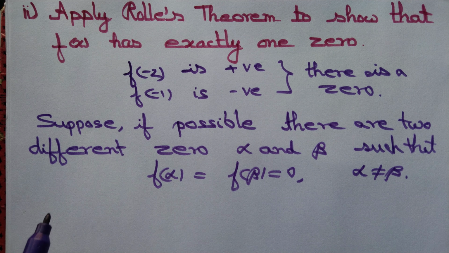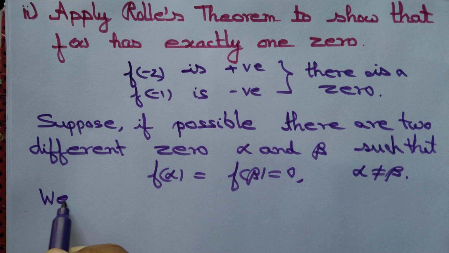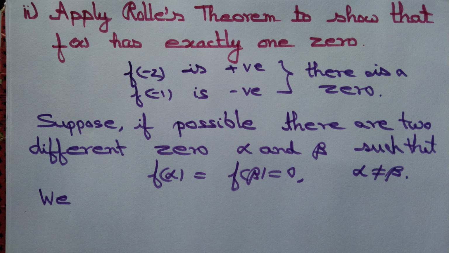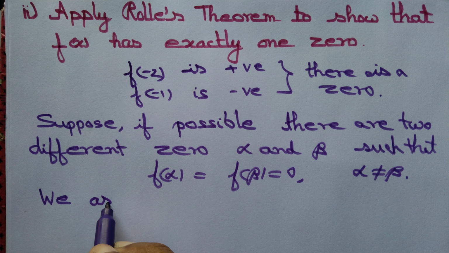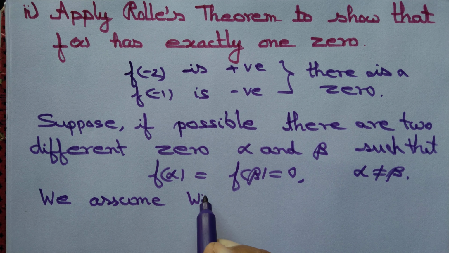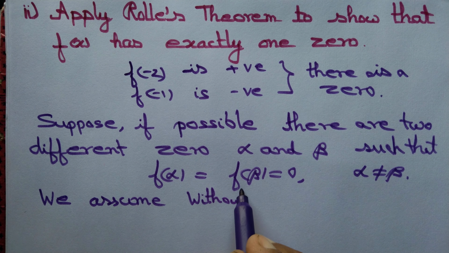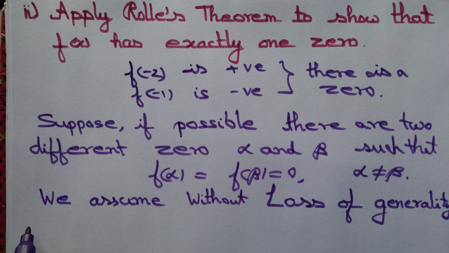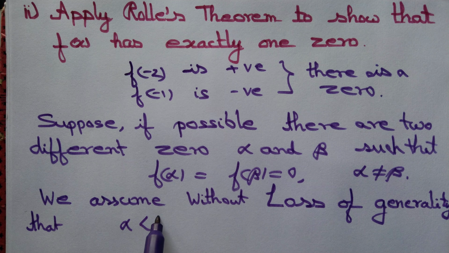By simply interchanging, we do not lose any generality. We assume without loss of generality that alpha is less than beta.